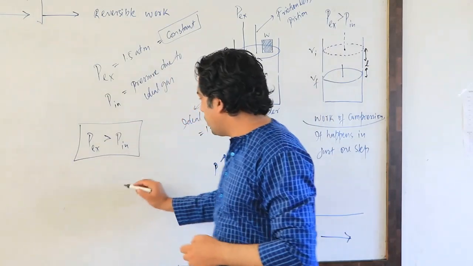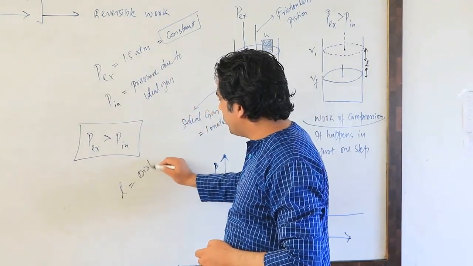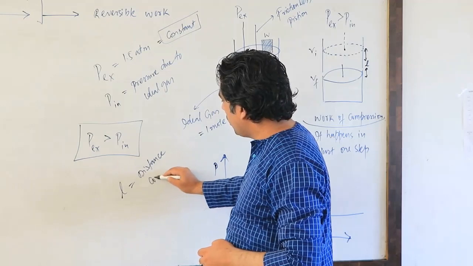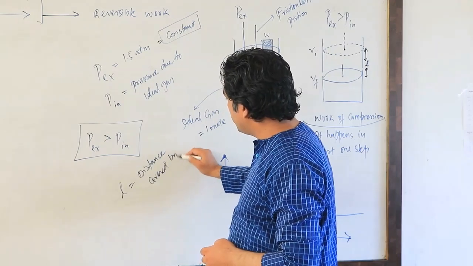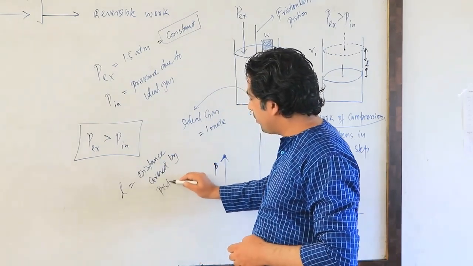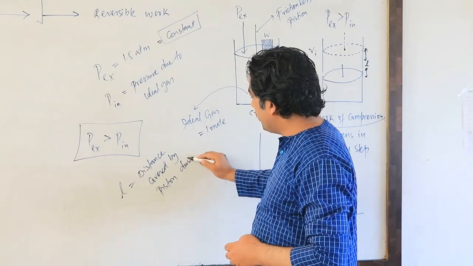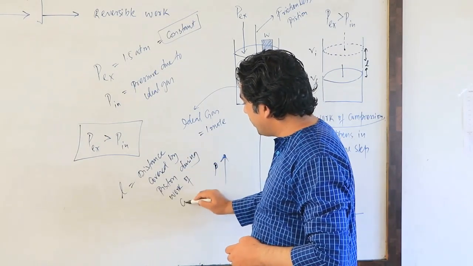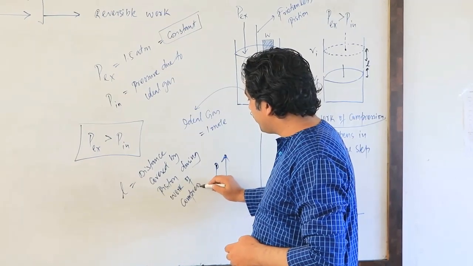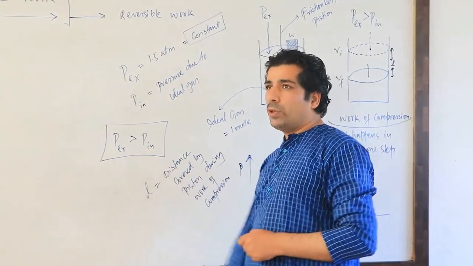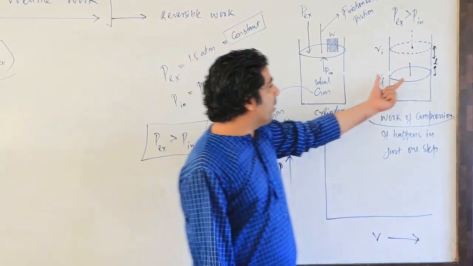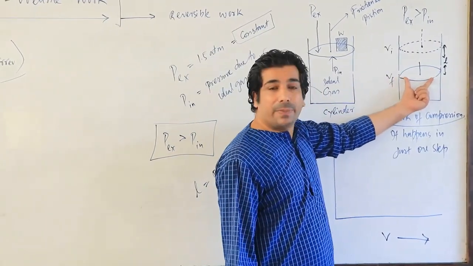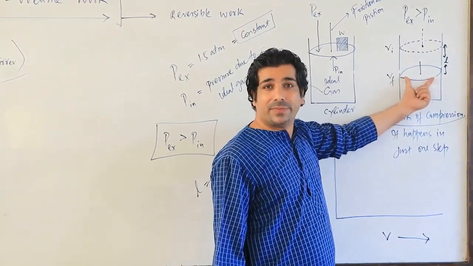So L is the distance covered by the piston during work of compression, because gas is compressed here, my dear friends. And one more thing is there. If we talk about this piston, the piston will have an area.